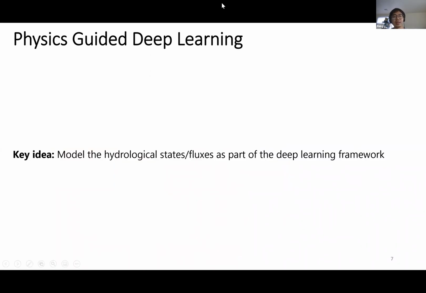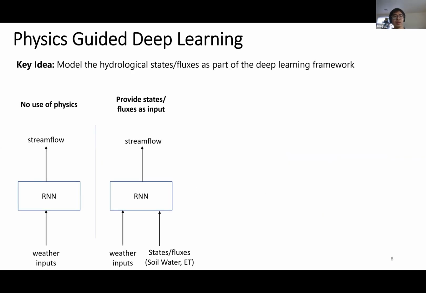And the key idea in this case is to model the hydrological fluxes as part of the deep learning framework, and to incorporate physics rules that govern the hydraulic processes involved in stream flow generation. And this slide shows the details about that physics-guided deep learning.